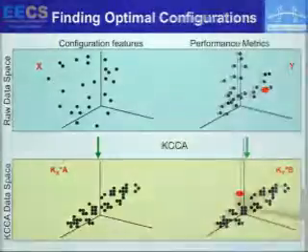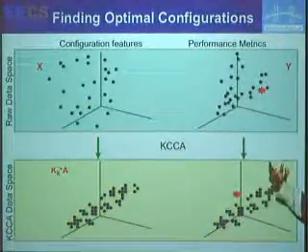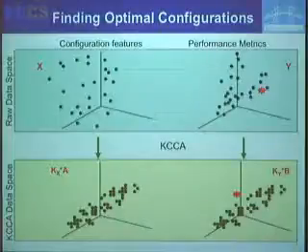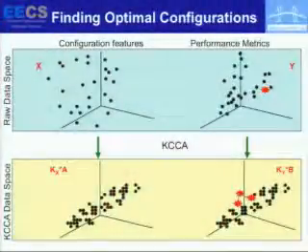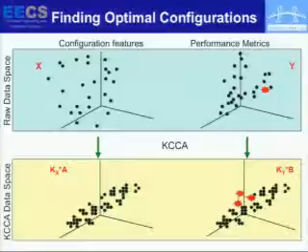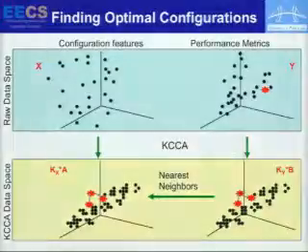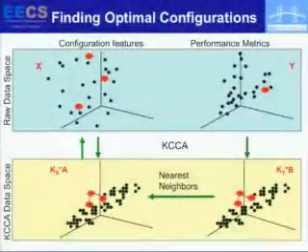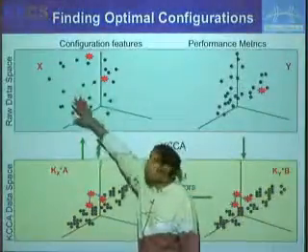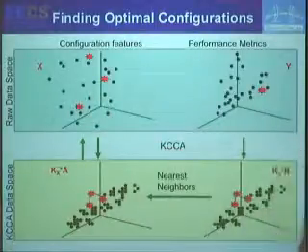And so in this space, the nearest neighbors will also be good performing points. So we can look at the nearest neighbors, and we transform that back into our configuration space to find out which configurations these resulted from, and map it back to our raw data space. And now they could be all over the place. You could see that these are spread out all throughout the space. So those are all part of our original training data set. And we still haven't generated any new points based off of this data.